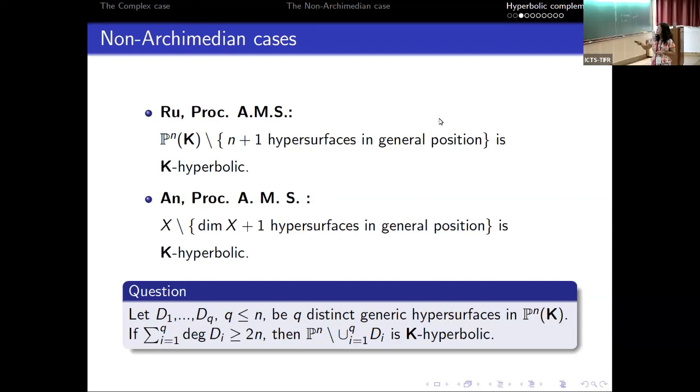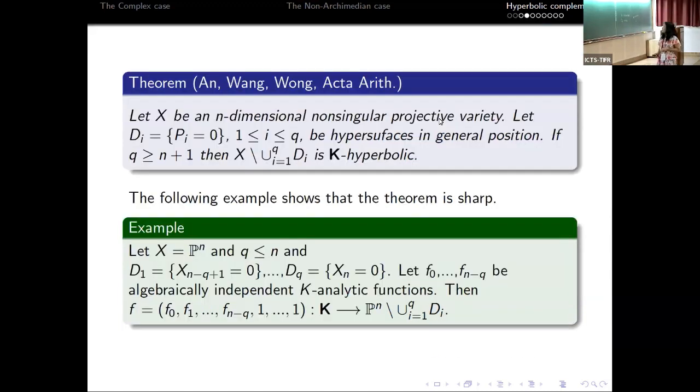Is Pn, or maybe more generally, is X omitting Q generic hypersurfaces hyperbolic? And we got some results about this, and very sorry, the last professor at Notre Dame, he passed away very few years after this paper appeared.